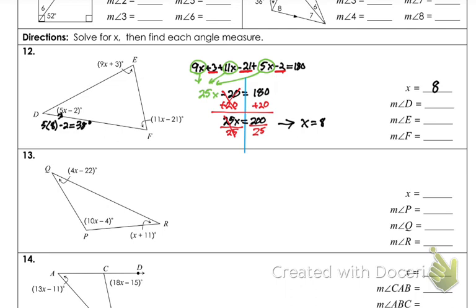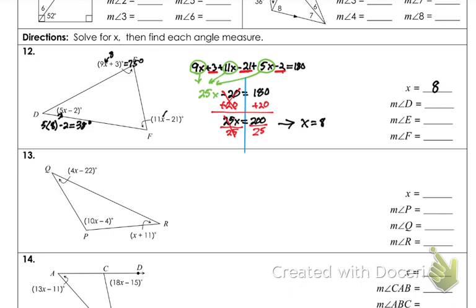Instead of 9x plus 3, we're going to replace the x with 8. So now we have 9 times 8 plus 3. Well, 9 times 8 is 72. Plus 3 is going to equal 75 degrees. And our final one, instead of 11 times x, we're going to do 11 times 8.